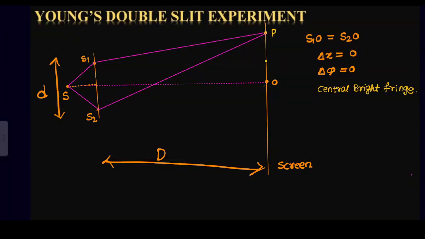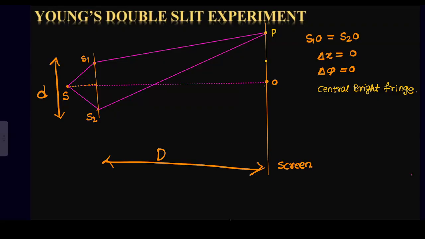Now we need to see what happens in this case. Are the S1P and S2P distances the same or different? S2P is more compared to S1P, right? So there is some path difference between these two rays.